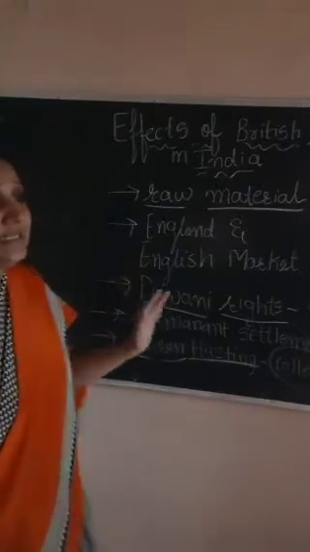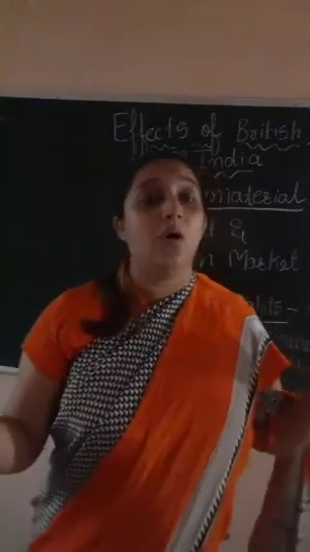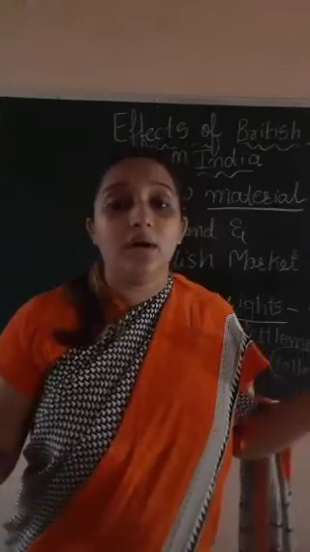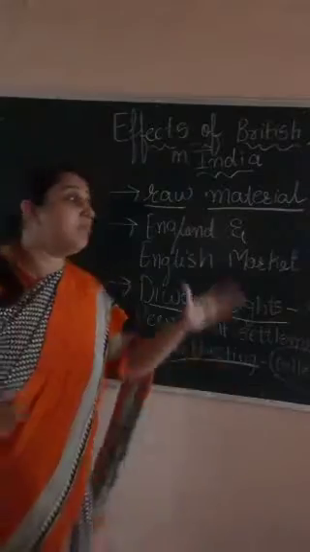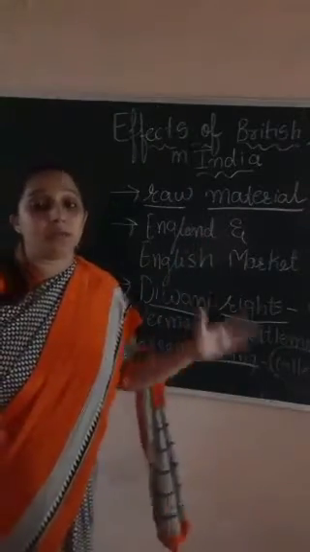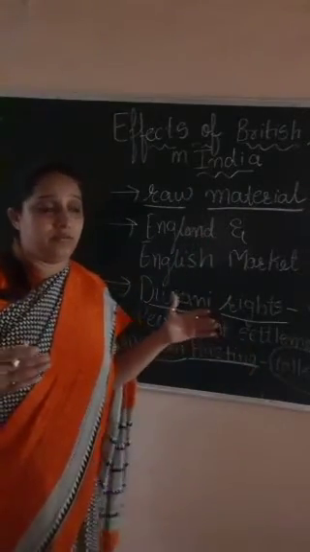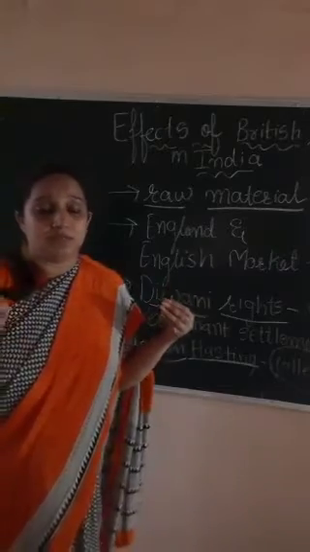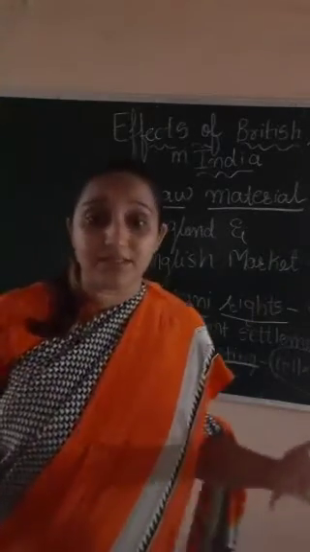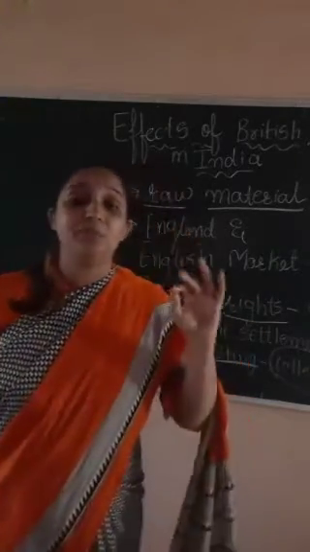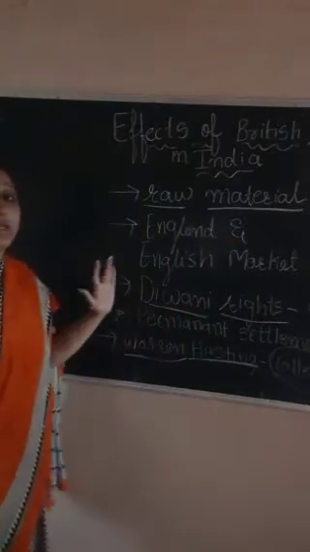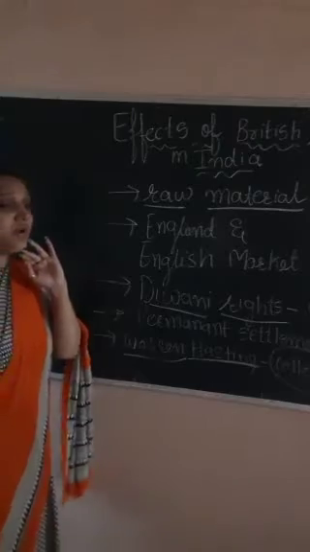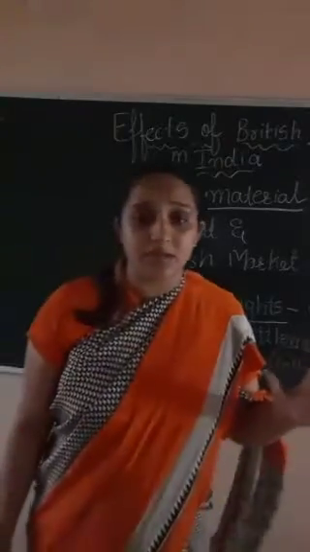So you can see that all the representatives, all the governor generals were Britishers. Indians were not getting any benefit from the Britishers. The Indian people were exploited, right? Especially poor farmers. When we talk about the effect of British rule in India, we are going to learn all about farmers, right?